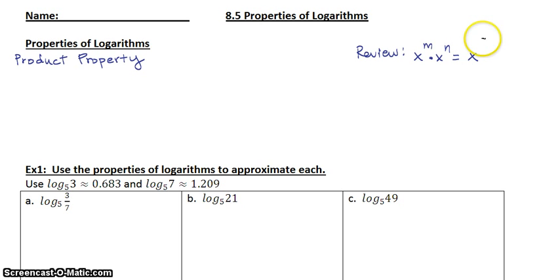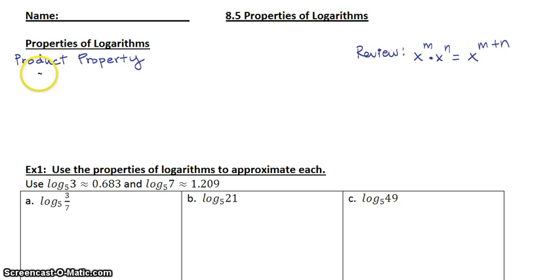In chapter 7, remember, we added the exponents. Now I've been saying this a lot lately, but logarithms are the inverses of exponents. So what happens with a log is very similar to what happens with the exponent because they are related. They're inverses of each other. So here, if I had a multiply between my things, I actually add the exponents.